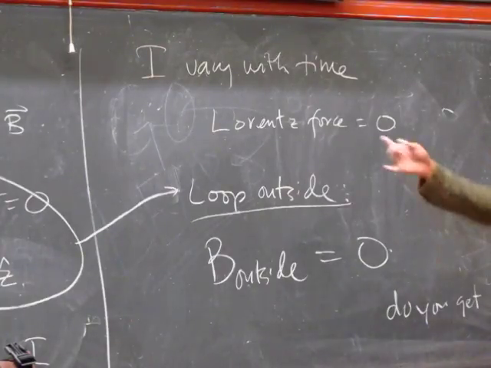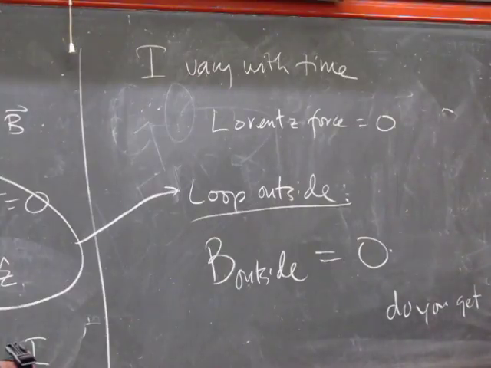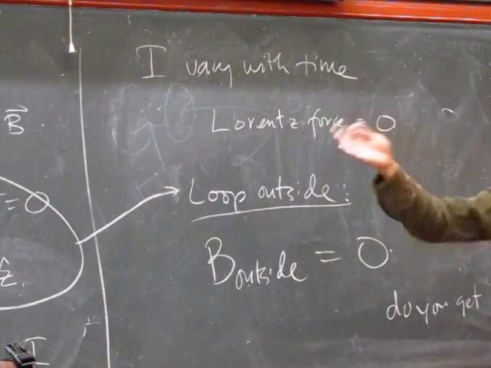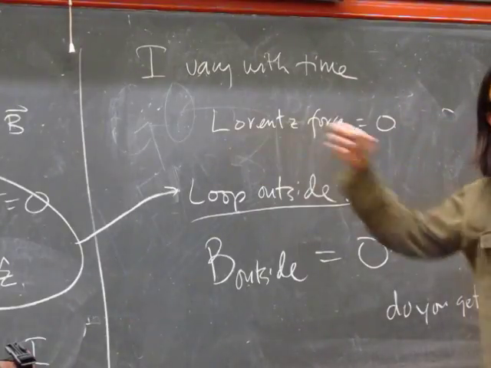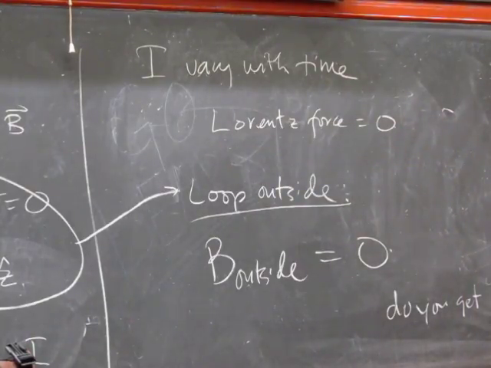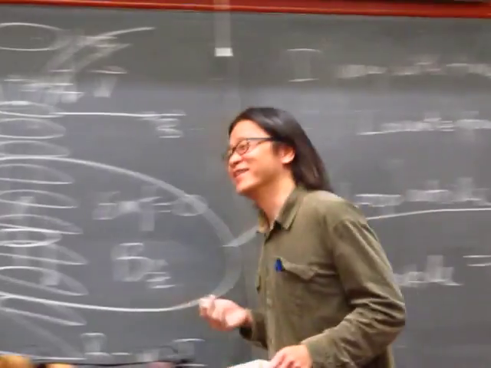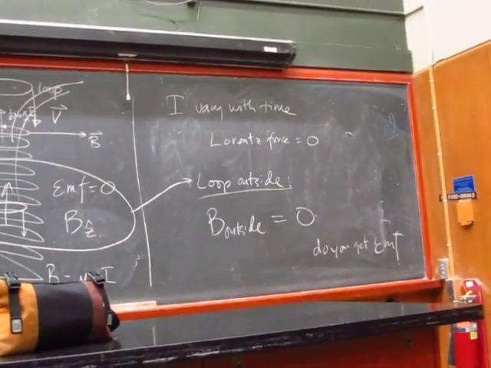I mean, it looks like from this consideration that the loop is disconnected from the solenoid. There is no physical connection whatsoever between the solenoid and the loop. The B field is completely confined. So do we have EMF? So what do you guys think?